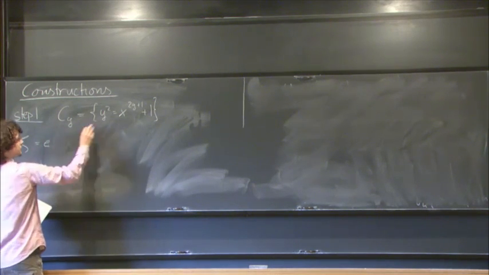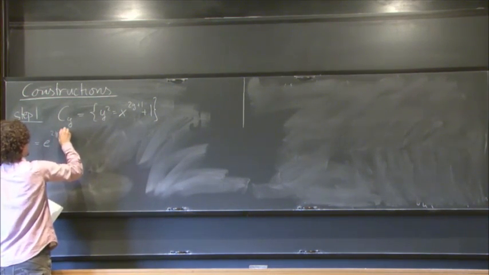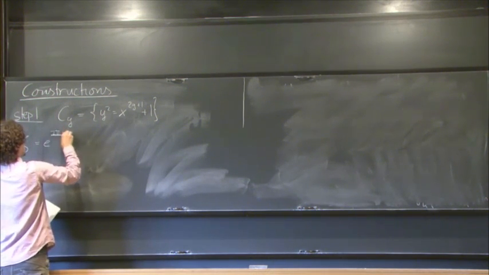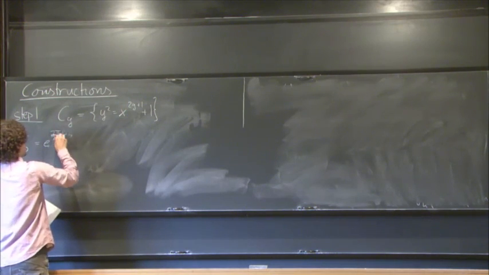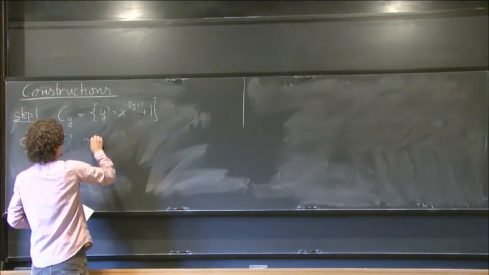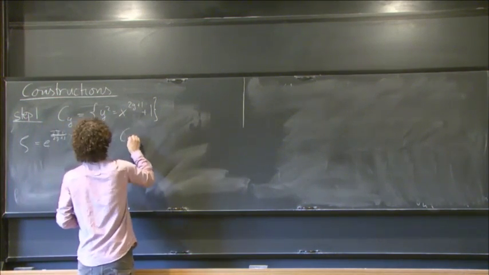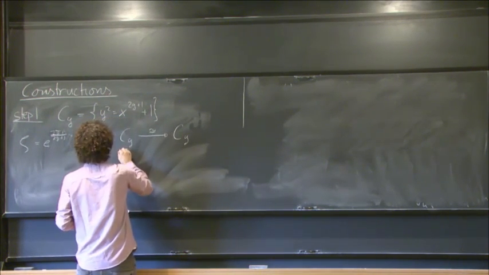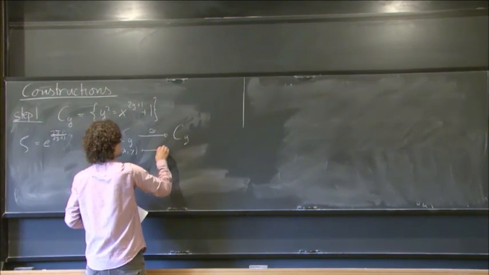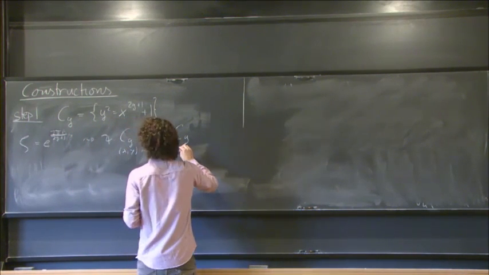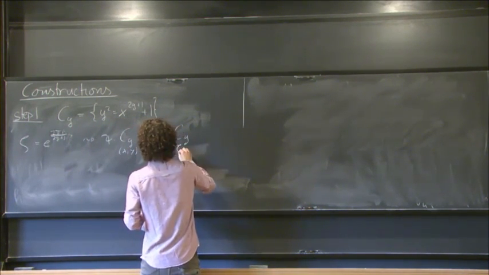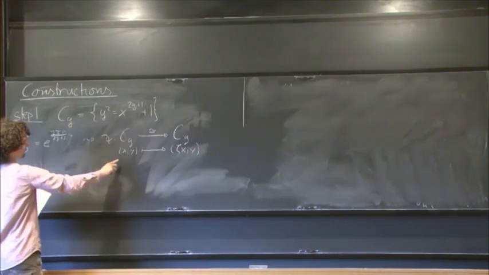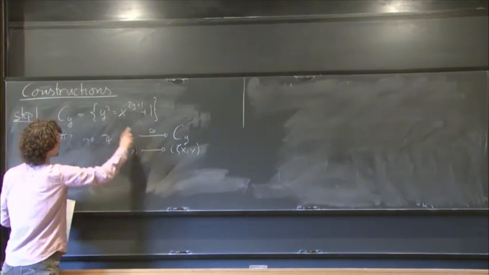So if theta is a primitive (2g+1)-st root of unity, then we get an automorphism psi which maps x to theta x and y to y.